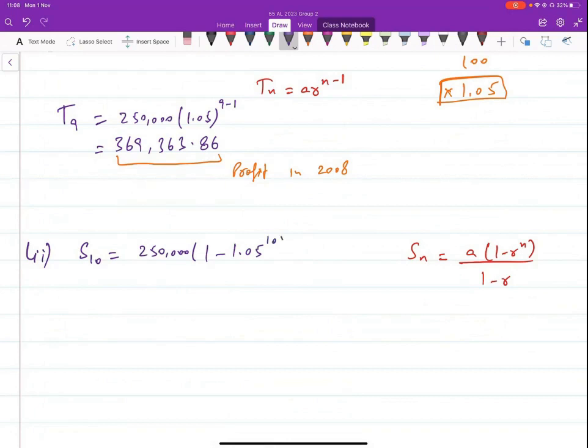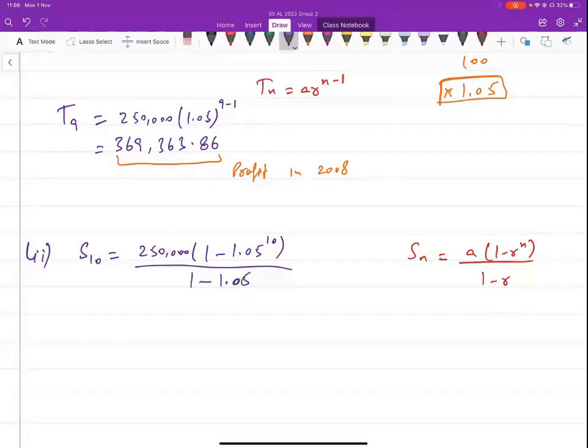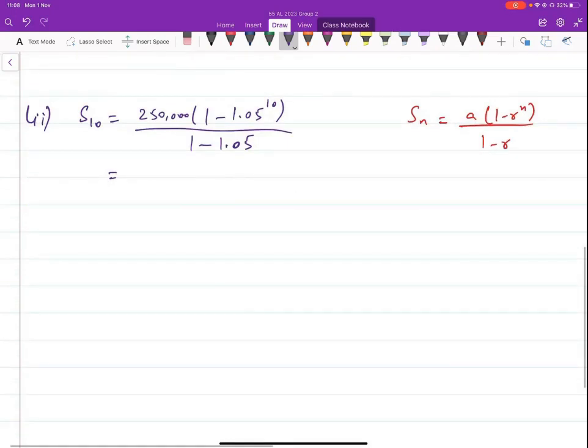N is 10 divided by 1 minus 1.05. Doesn't really matter. If you want to do it that way, that's also fine. You can say r raised to power n minus 1 over r minus 1. That will be the same thing. It's not different. Okay, what do we get?